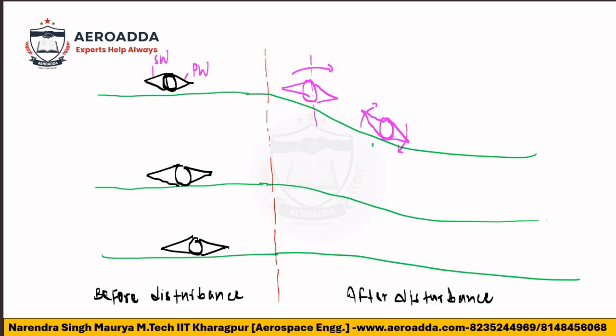So if the aircraft is laterally stable, think about it, because of the disturbance it is rolled now. But if it is stable, then immediately the restoring moment should be generated. So if it is laterally stable, then again you will have the restoring moment, and it comes to its original, almost original position.